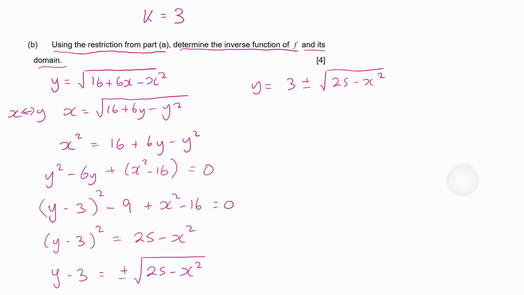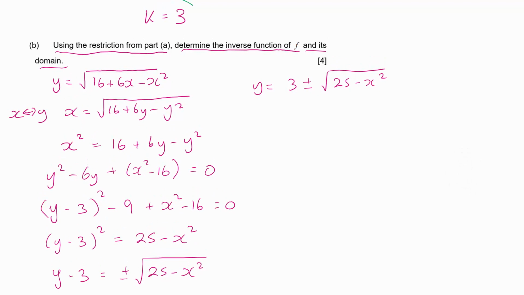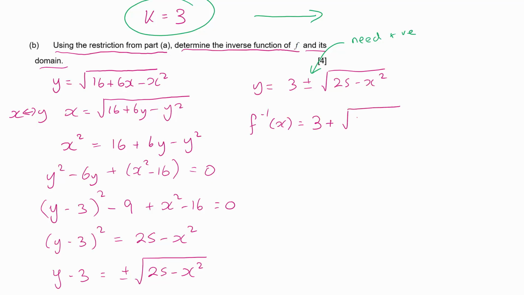Now, because of the way that we set this up, with the domain going from 3 upwards, that's going to mean we need the positive. Therefore, we can say that the inverse function is 3 plus the square root of 25 minus x squared.